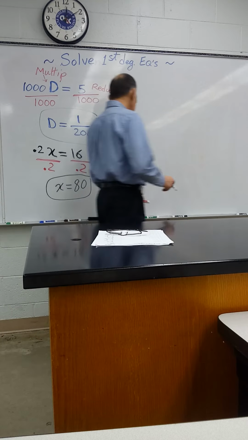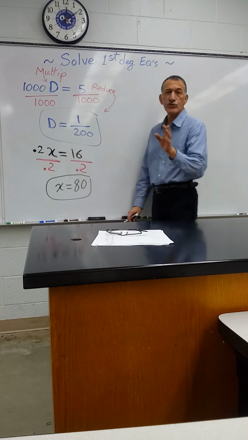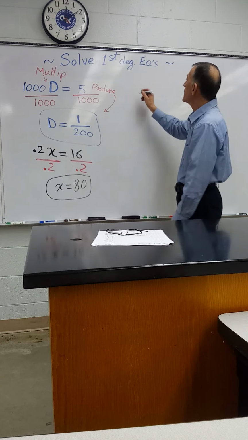Alright, now let's look at a fraction. But again, this was single term, single term. If you have an extra term, make sure you get rid of the extra term first. Let's do this one.